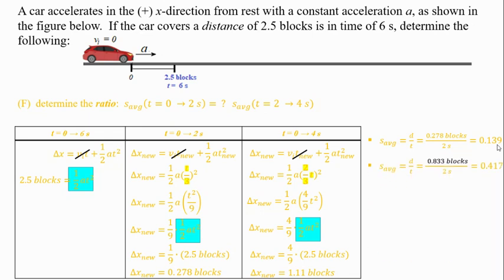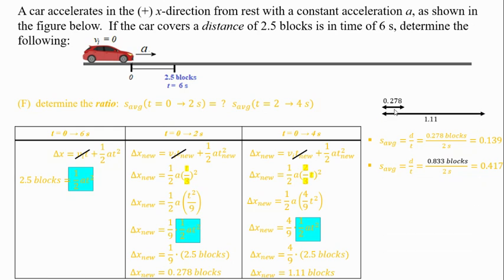And then we need to find the average speed from 2 to 4. Now, average speed is distance over time. But you notice here, I color coded differently. The distance is actually only 0.833 blocks. Why? Because, watch this cursor. I just found the distance from 0 to 2 seconds, which represents 0.278.